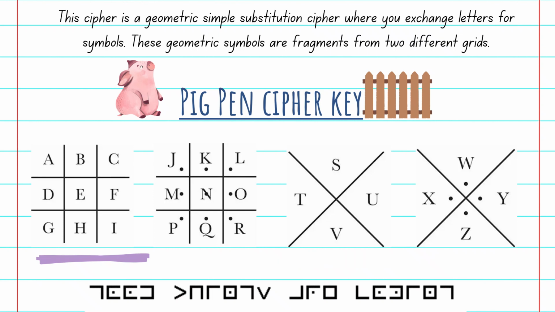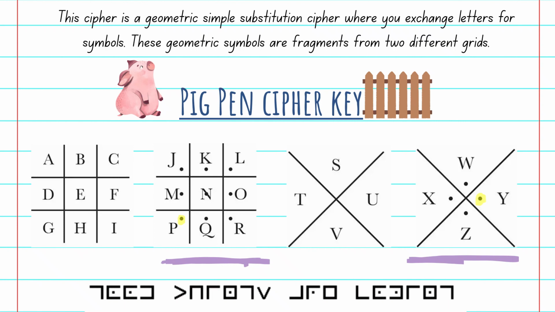The way you use this key is by filling up the first two tic-tac-toe grids, then you use two X grids. Now on this grid right here, if you can see the difference is that on this grid there's a dot added, and on the second X grid also there's a dot next to the letter.